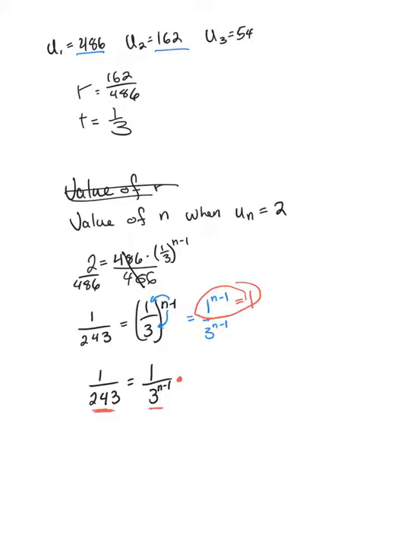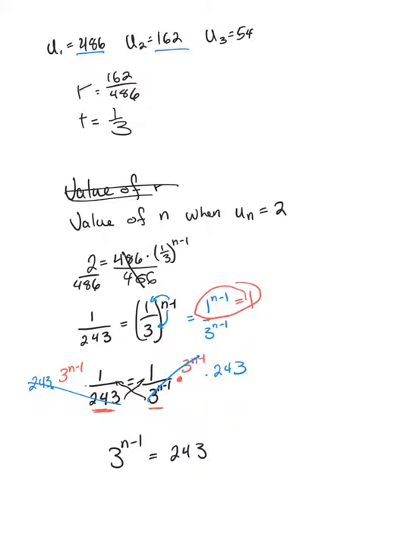So I'm going to multiply both sides by 3 to the n minus 1, and then I'm going to multiply both sides by 243. And what's going to happen is these will cancel and these will cancel, and I will get left with 3 to the n minus 1 is equal to 243. If you want to know, it's really just cross multiplication, right? I just multiplied these guys and those guys to get this equation.